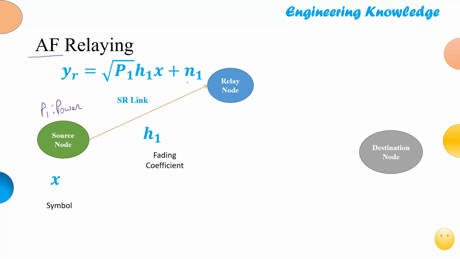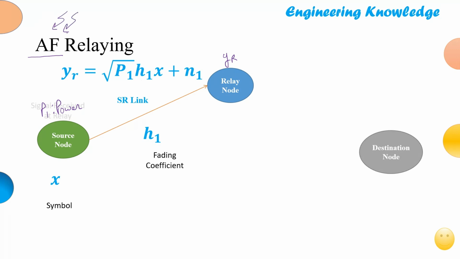You can follow from my previous discussion and previous videos. The square root of P1 just means that the power is P1. We want to square something to make it power, so in voltages I will write it as square root of P1. So this is the signal YR that is received at the relay node. Now we are talking about the amplify and forward strategy.